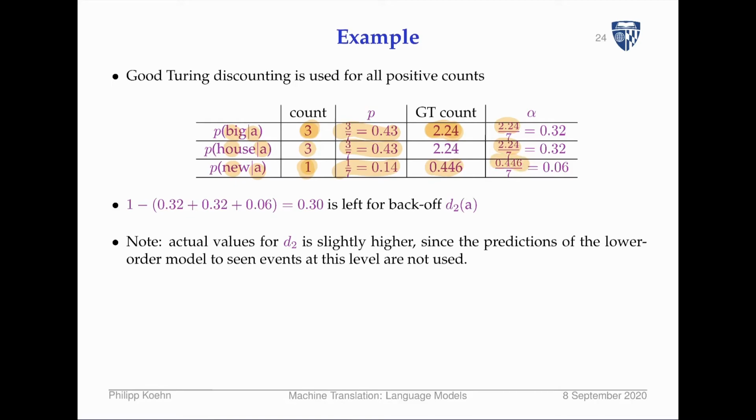And these are the values we came up with. So instead of 0.43 for the things that occur 3 times, it's now 0.32. If you add that up and subtract it from 1, we're left with 0.3 for the back-off. So this is how much probability is left for the back-off, and the back-off in this case is then a unigram model.